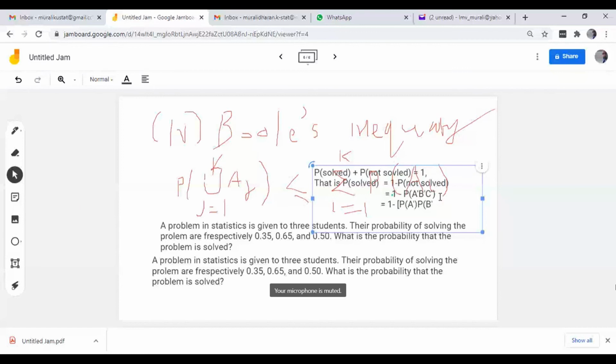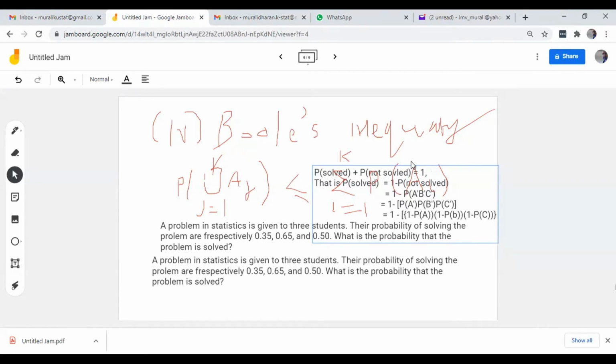P of A dash is actually 1 minus P of A. If you want, you can write 1 minus P of A, multiplied by 1 minus P of B, bracket close, 1 minus P of C, bracket close. So this is the answer.